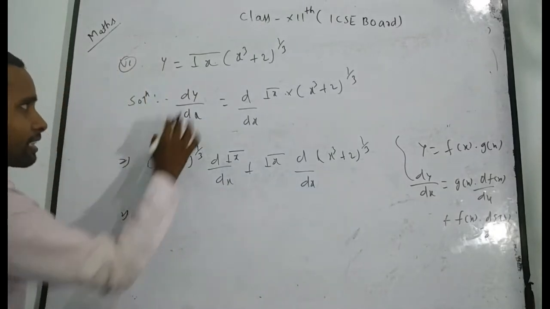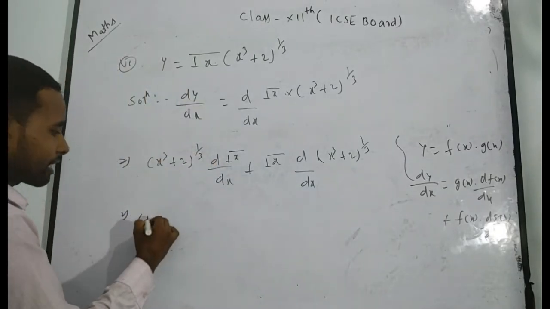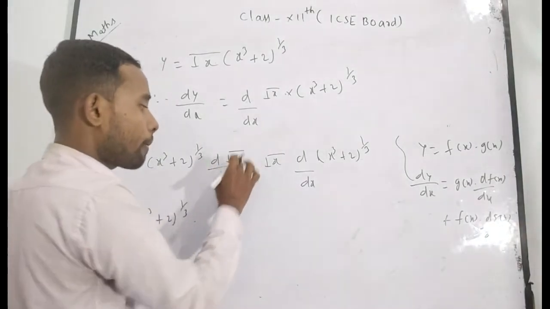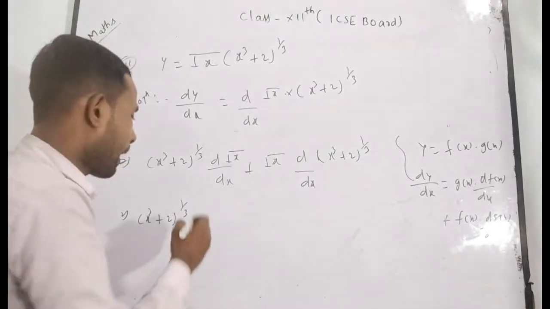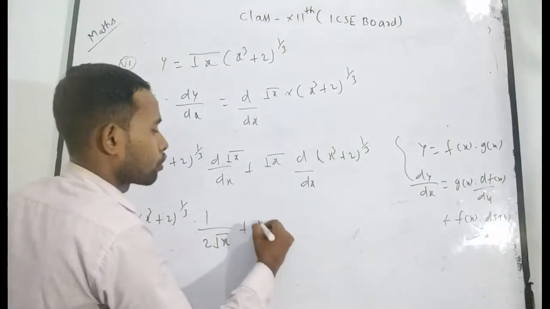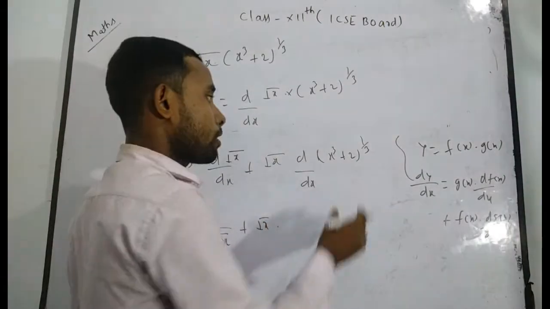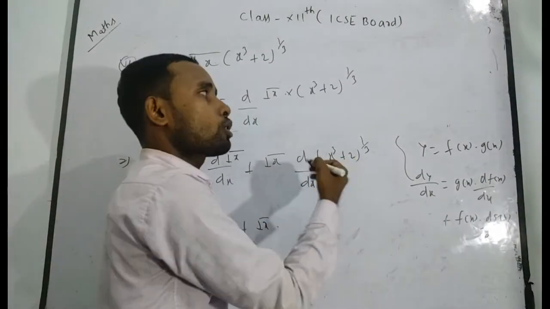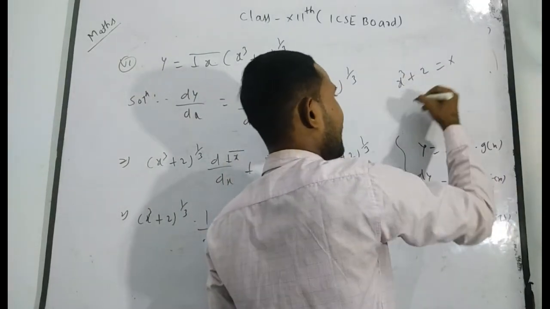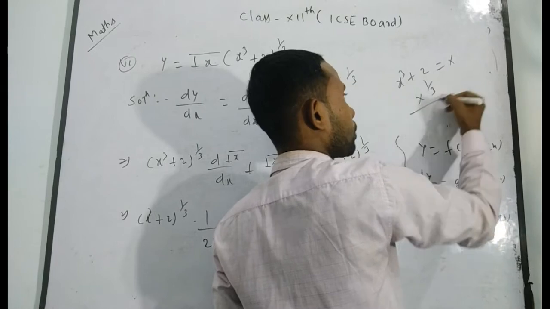That implies that this is dy dx. That implies x cube plus 2 whole to the power 1 by 3 into derivative of root x with respect to x, which will be 1 upon 2 root x. I have already told about it. Plus root under x into, can you differentiate? Suppose that x cube plus 2 is equal to capital X. In that case, it will be capital X whole to the power 1 by 3.